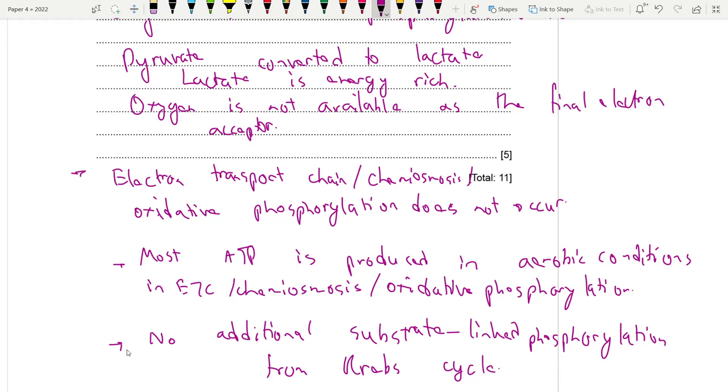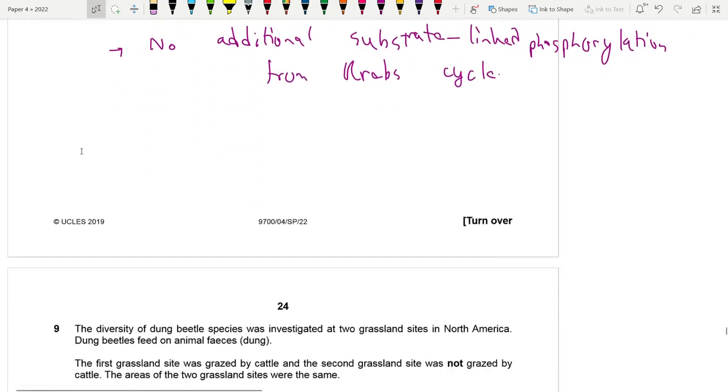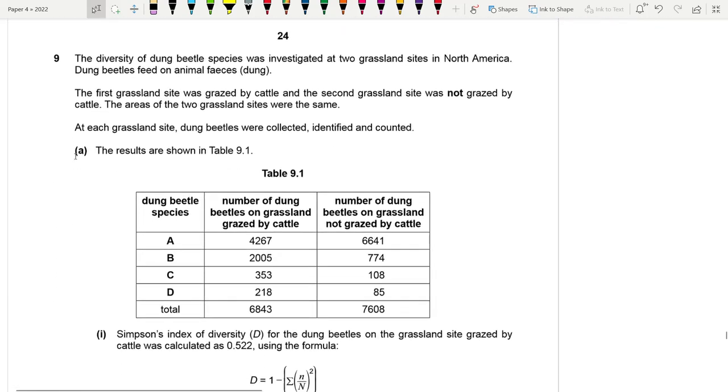Or else think about it, all the NAD would become reduced NAD. So to get reduced NAD oxidized to NAD again, we're actually sacrificing this pyruvate. Since it can't be taken to the next step, that is link reaction, no acetyl group is entering the Krebs cycle, so no substrate linked phosphorylation is occurring there as well. That's the problem. That's why we get so less ATP, only net 2.